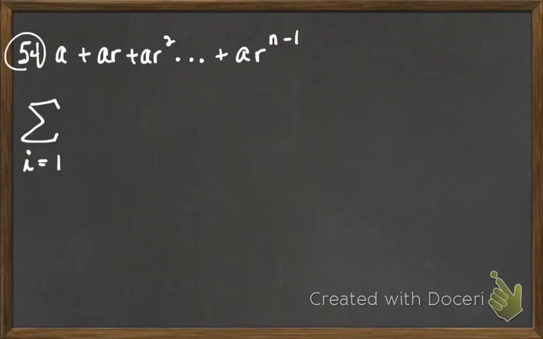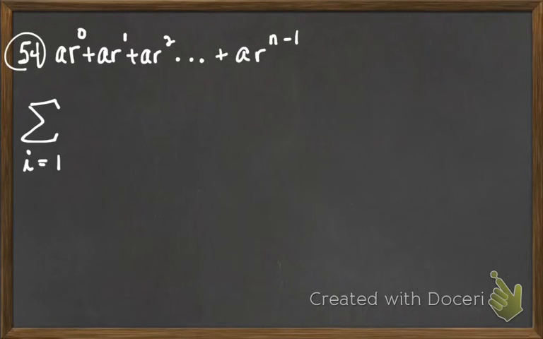Okay, it would help me to put an AR to the 1, and it might even help me to think of that A as AR to the 0. Does that make any sense? So there is an R in every term, except that first term just had an A, so that R would be like R to the 0.